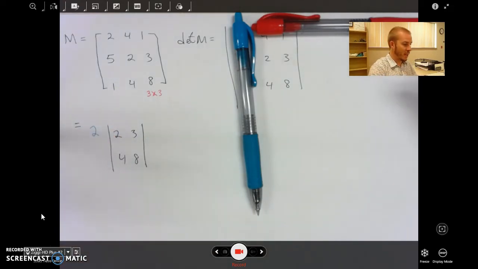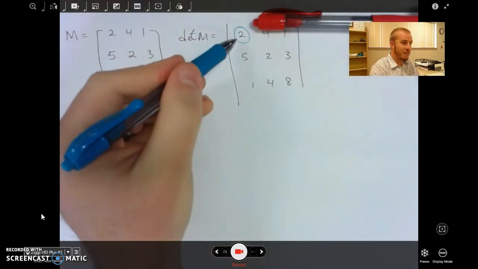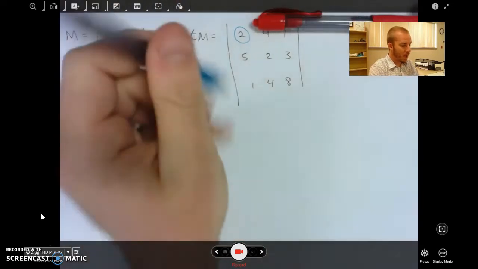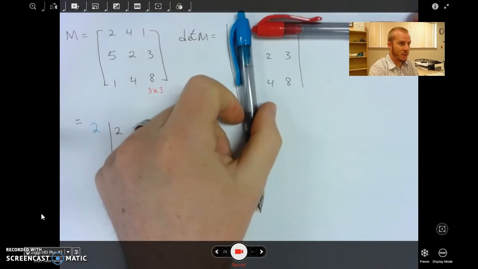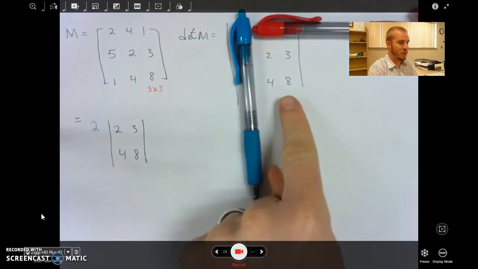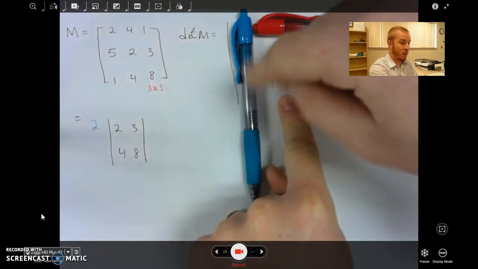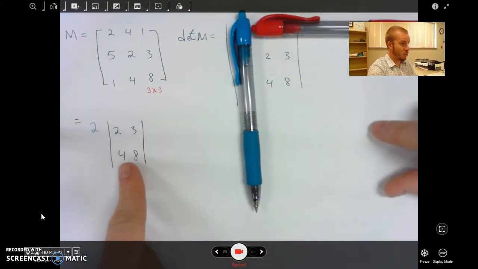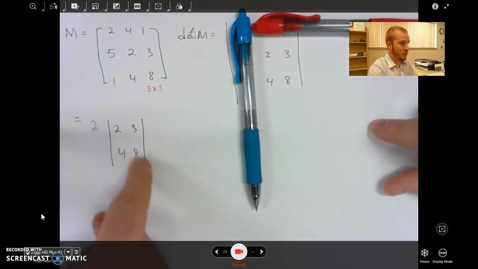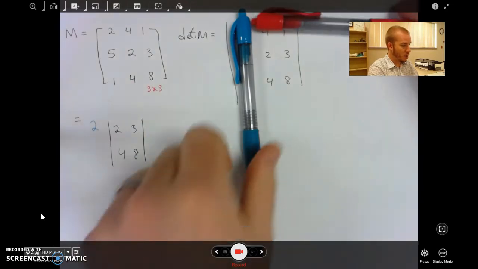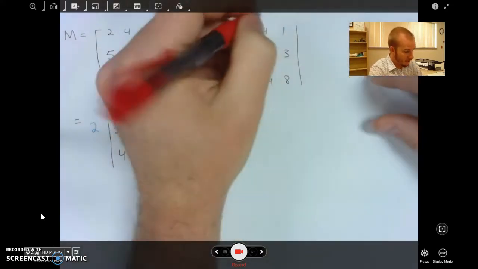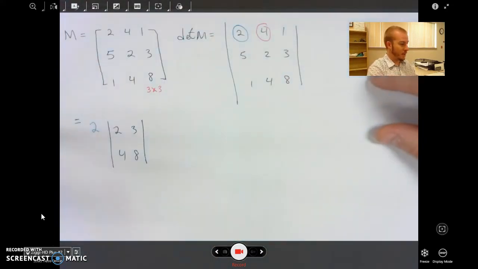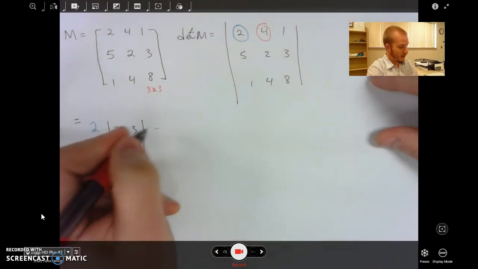Okay. So again, let's check that out. We took this first top left one and we blocked out the row and column that it falls into, and we found a 2x2 matrix, and it's also square when you do that, and we get 2 times this determinant. Now we're not done, because we also have this number here, 4. So we're going to subtract 4.